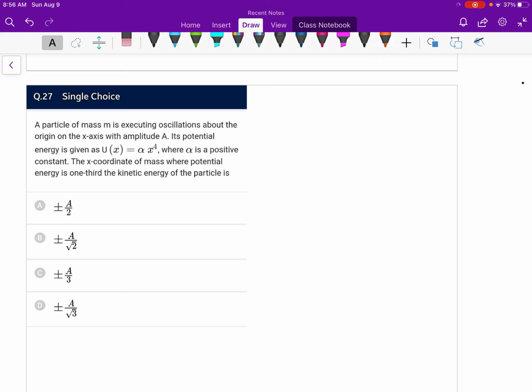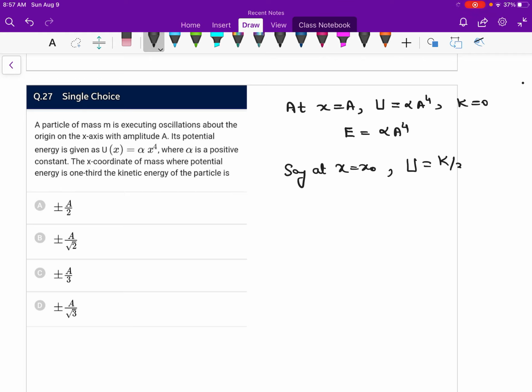A particle of mass m is executing oscillations. Its potential is given by this with amplitude a. So at x equals a, U is alpha a to the power 4, so total energy is alpha a to the power 4. Now we need to find the x coordinate where potential is 1/3 of kinetic energy. Say at x equals x naught, U is K by 3.